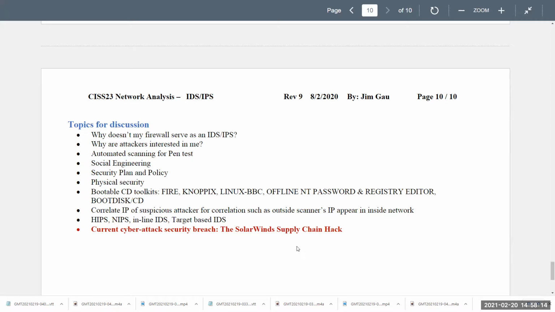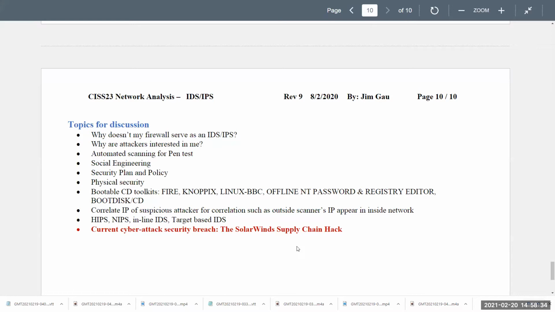It's particularly to monitor systems that are not supposed to go to certain websites or connect with unknown sources.